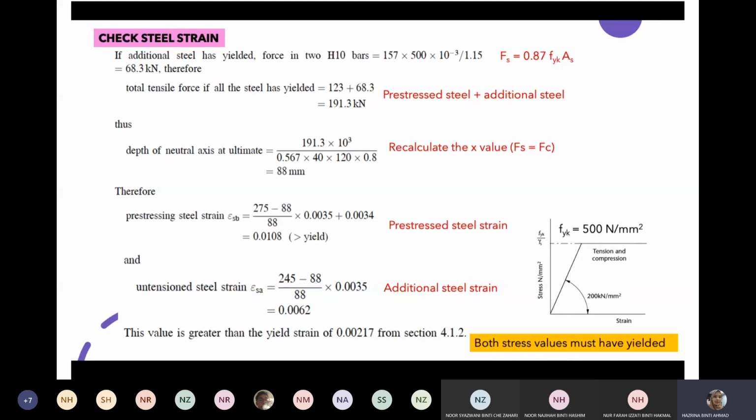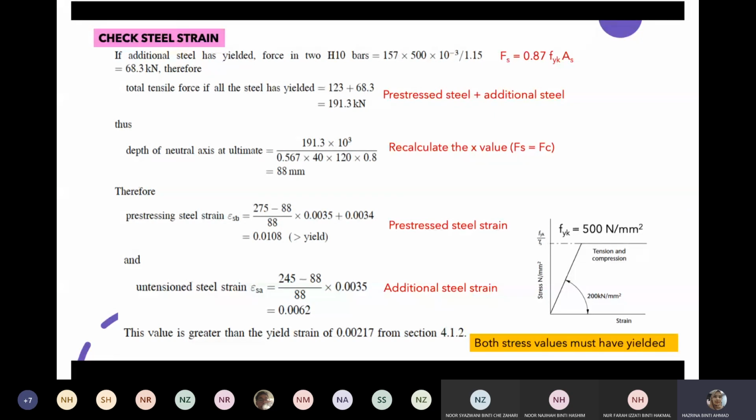If the additional steel has yielded, the force in the 2H10 bars will be 157 times 500 times 10 to the power of negative 3 divided by the partial factor of safety, 1.15. Basically, what we are calculating here is Fs, so we substitute the value of As.